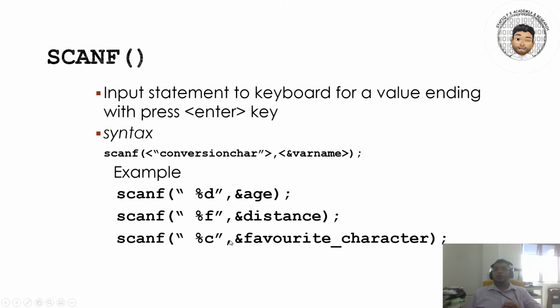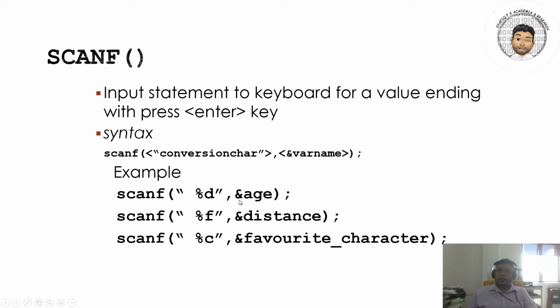When you want to put some information inside a variable, the variable names here are age, distance, and favorite character, and this ampersand represents the memory location of your variable, where inside your computer the variable is located.